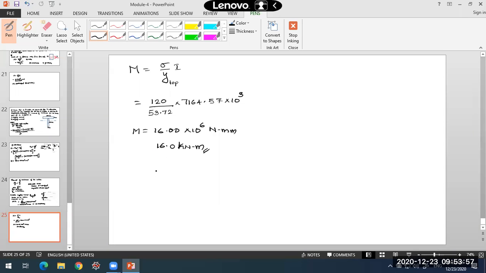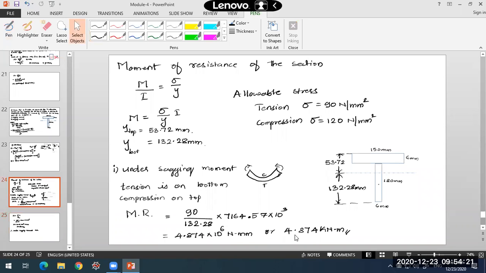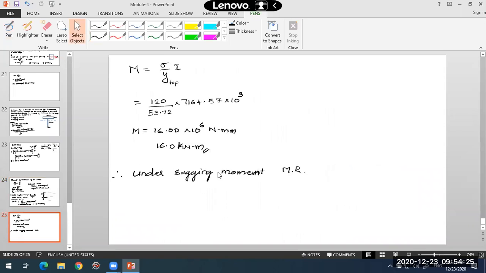Are you getting these values? Yes, sir. Okay. Therefore, under sagging moment, what is the moment of resistance of the beam? This is 16. Earlier it was 4.874. So the least of these two has to be taken as the moment of resistance.